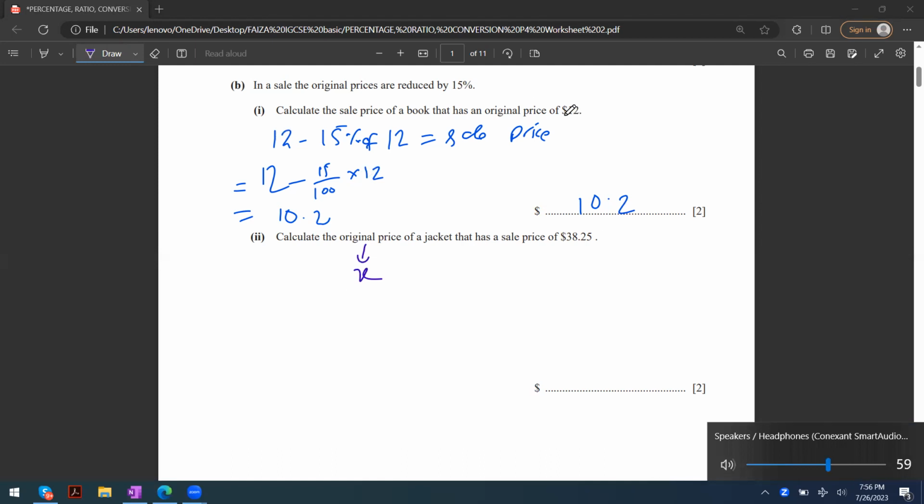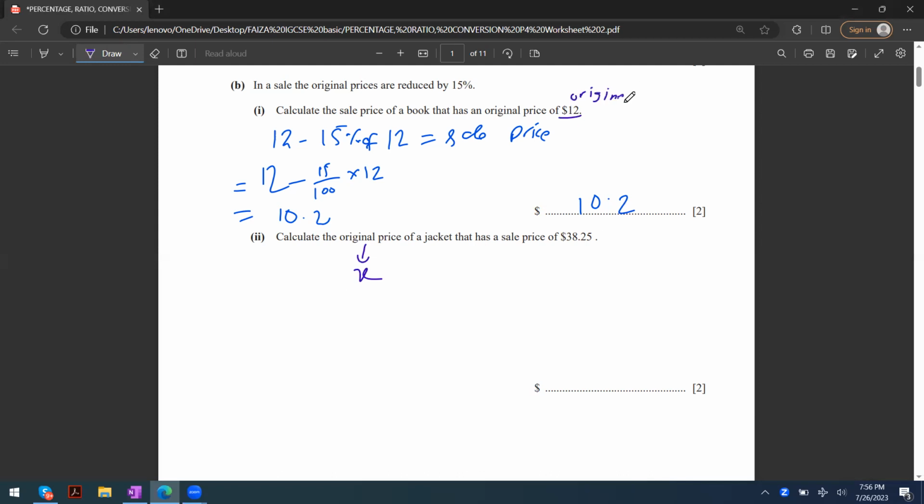Yes, 12 is the original price and you are giving 15% discount. So find 15% of 12. That is 15 over 100 times 12. What is 15% of 12? It's 1.8. So 12 minus 1.8, it is 10.2.